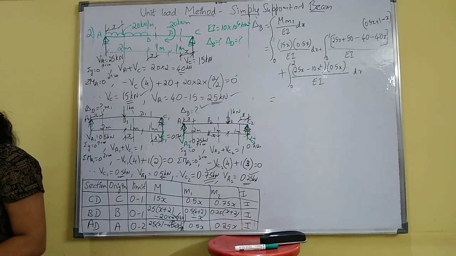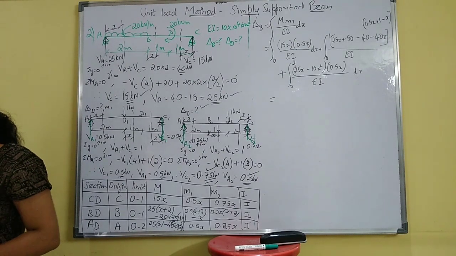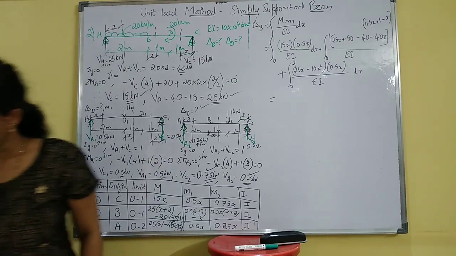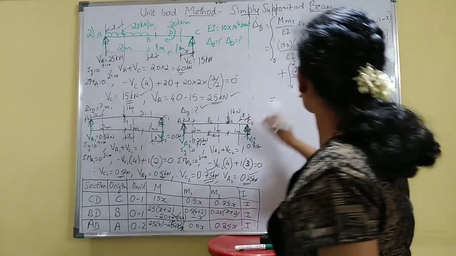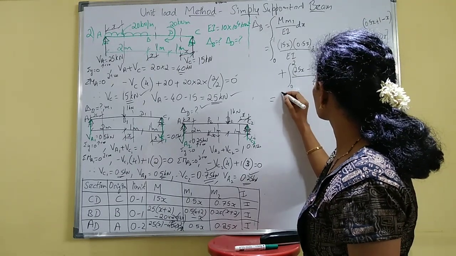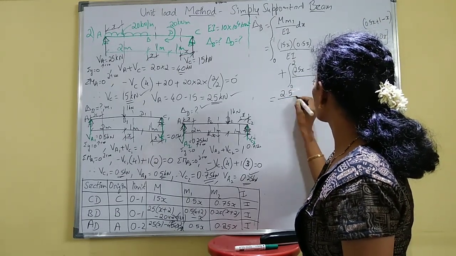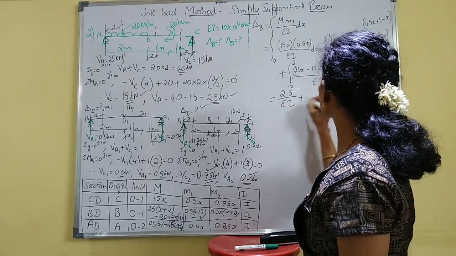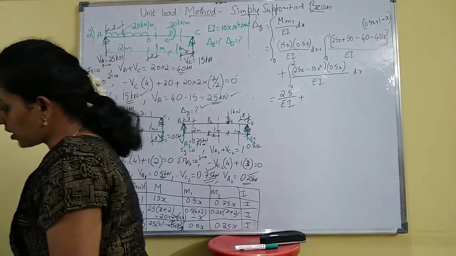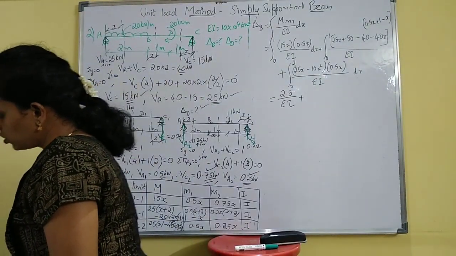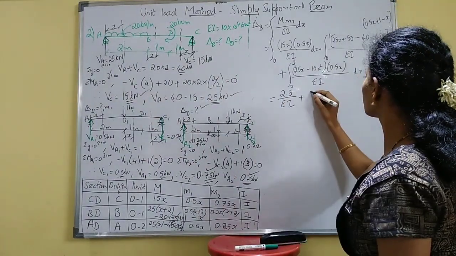You will get the final answer as, for first, after simplification, after integrating, you will have 2.5 by EI plus, and this member, this point you will have again 2.5 by EI.